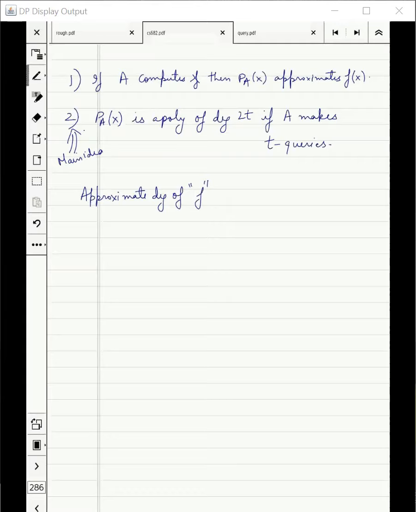Remember, approximate degree of F is the minimum degree of the polynomial which approximates F. It will be less than 2t. If A actually computed F, then it would be 2t, or I should say 2 times quantum query complexity.